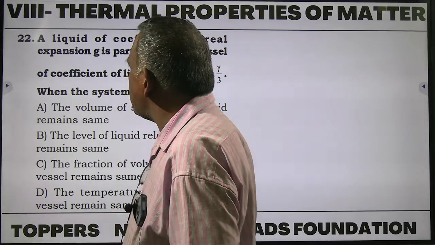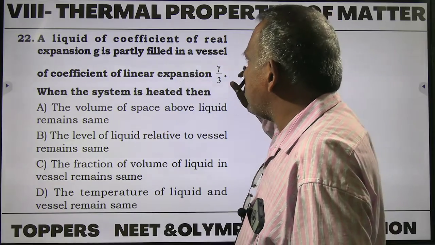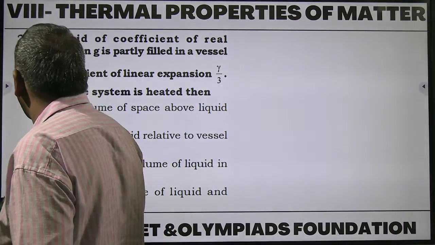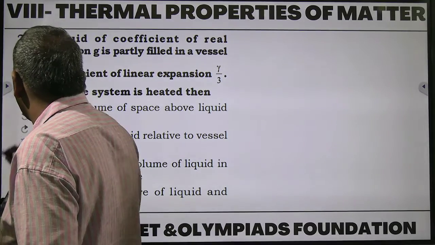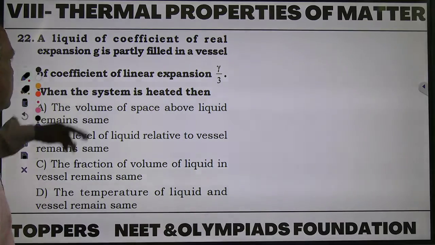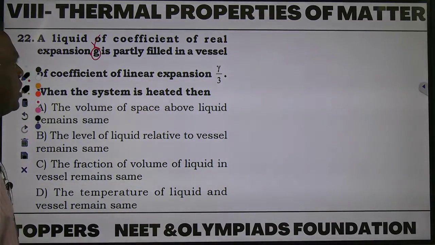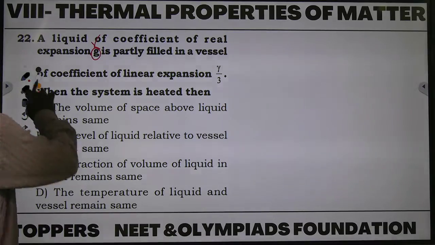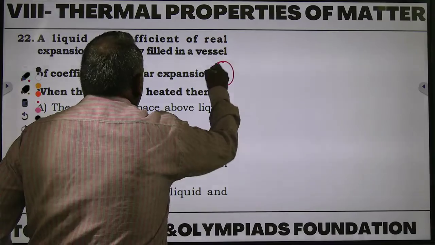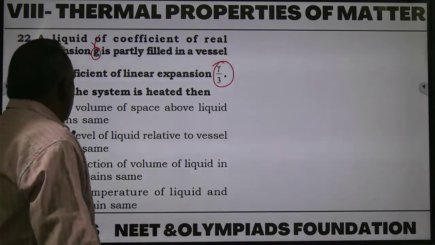Coming to the next question: a liquid of coefficient of real expansion gamma is partly filled in a vessel of coefficient of linear expansion gamma by 3. This is not g, it is gamma.